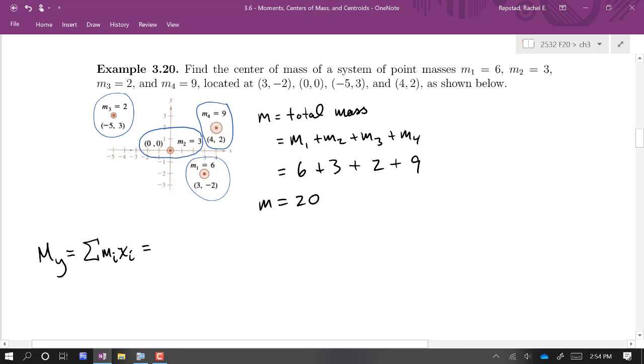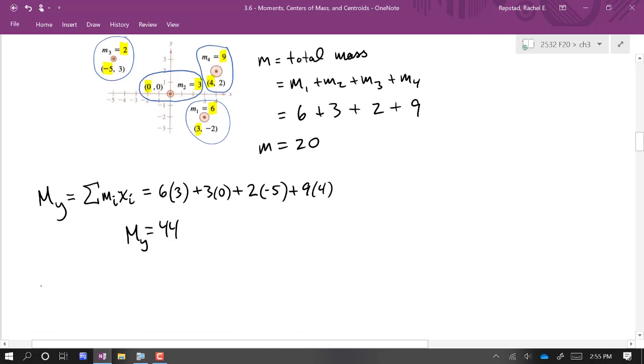So m1 x1 is 6 times 3, so that's this mass times its x position, and then m2 x2, m3 x3, m4 x4. And if you add up these products, you'll get 44. So there's the moment about the y-axis.